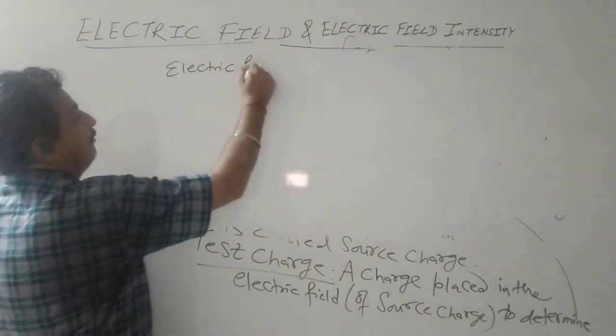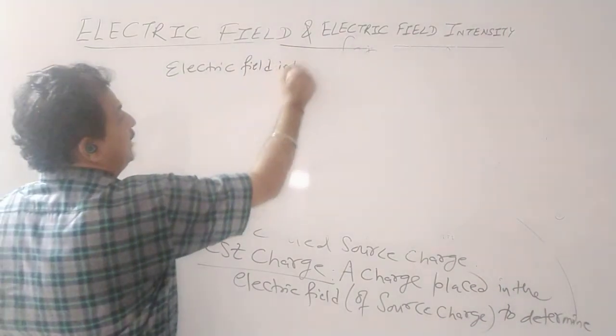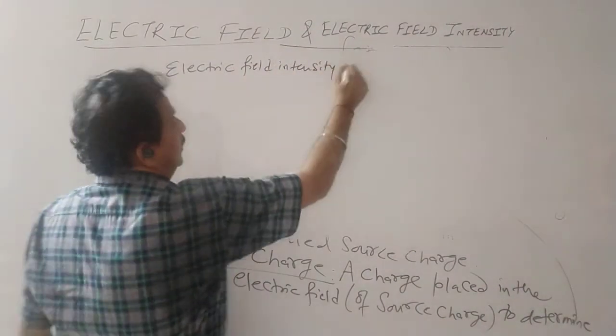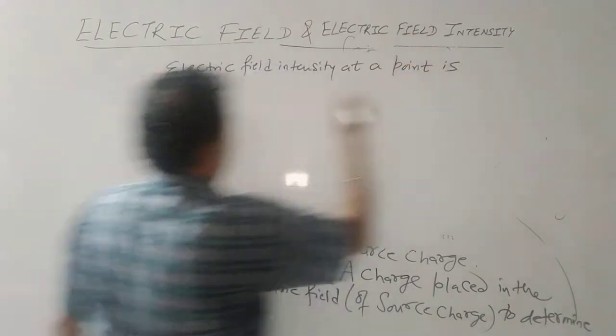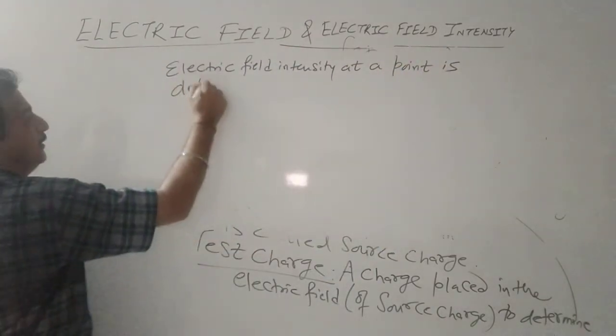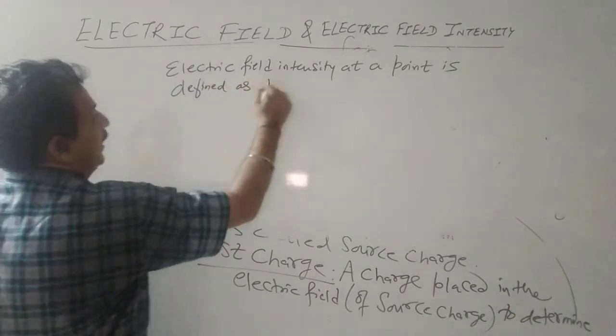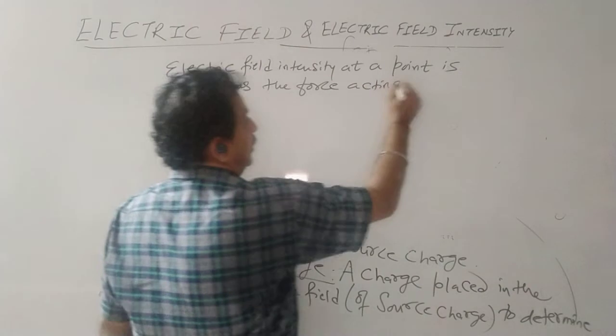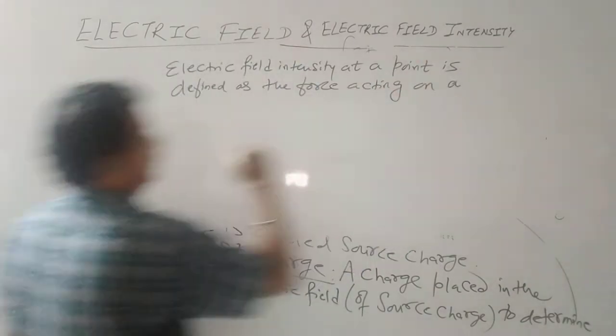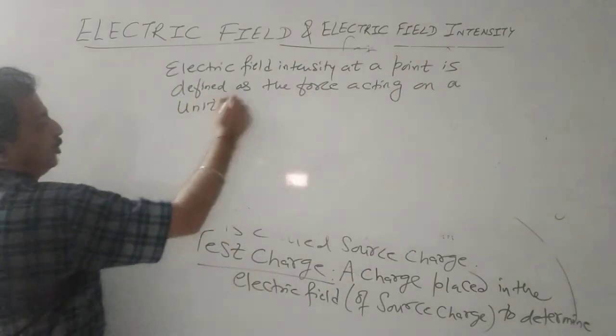So electric field intensity at a point is defined as the force acting on a unit positive charge.